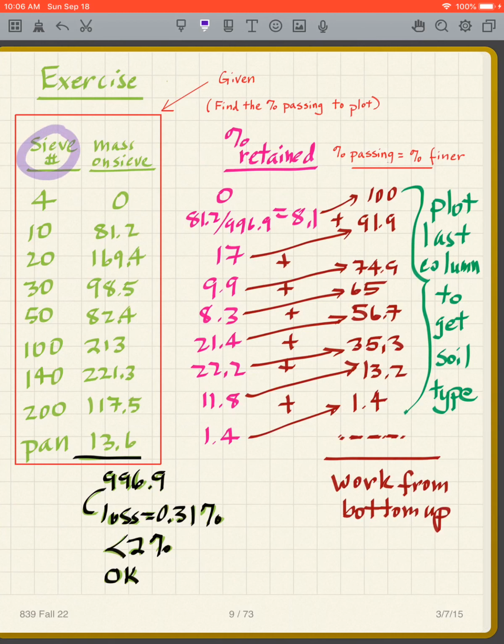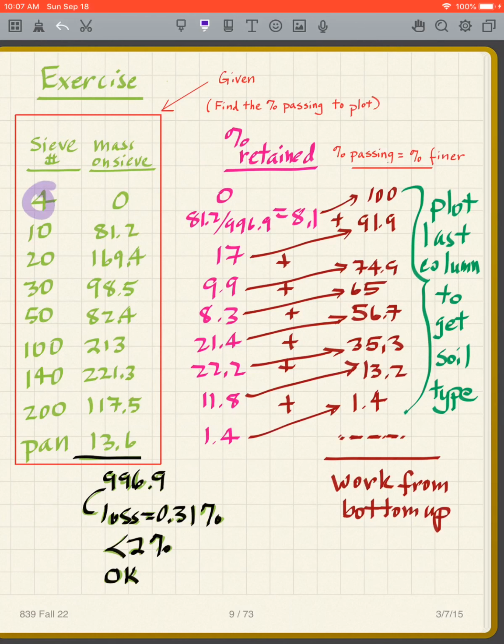So if we look at the sieve numbers here, this is an exercise you can do, and what I want you to do is to plot this soil. So I'm going to show you how to do this one.